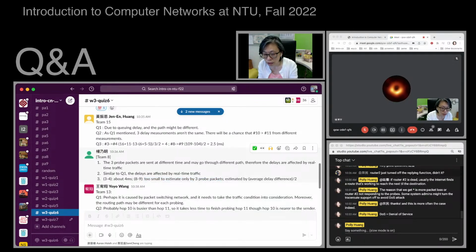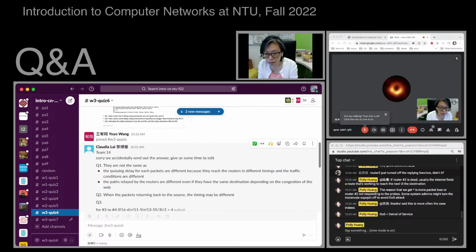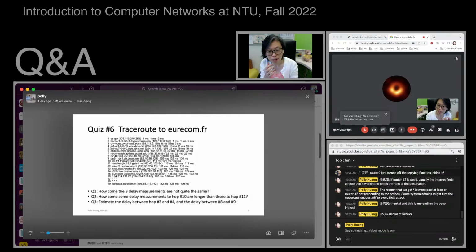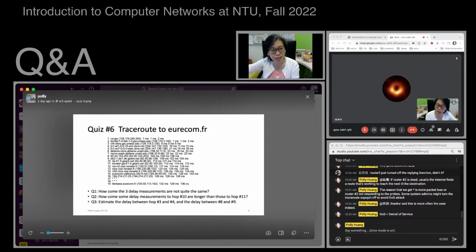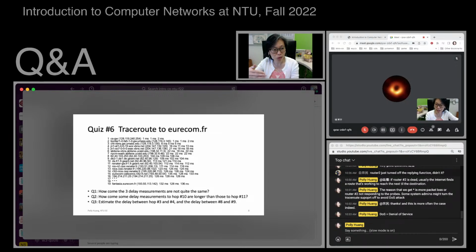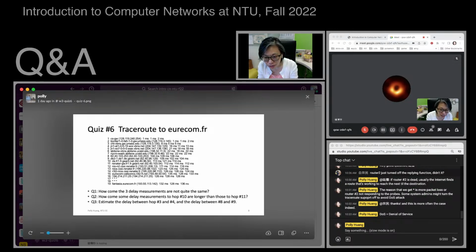But generally, you do the average delay difference divided by 2. But I guess hop 10 and hop 11, we just ask about hop 10, hop 11, isn't it? So sometimes you get a delay to a later hop being shorter, so how do you estimate the delay between the 2 hops? That's odd, isn't it? I think there's a similar situation between hop 8 and 9.